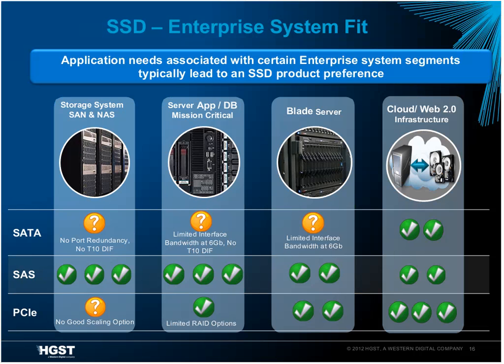But selecting the most appropriate interface for a given enterprise system or application is a multifaceted decision. However, some attributes in the interface make it a better fit for certain types of systems and applications. For example, SATA and PCIe fall short in the reliability and scalability features, making SAS a better choice for external storage systems as well as mission-critical servers.